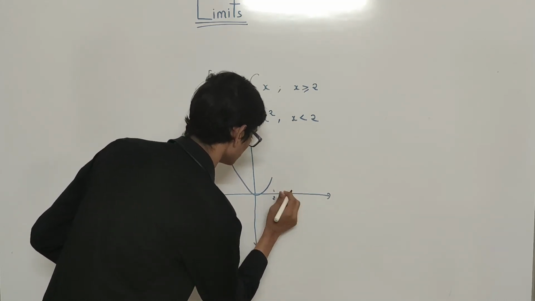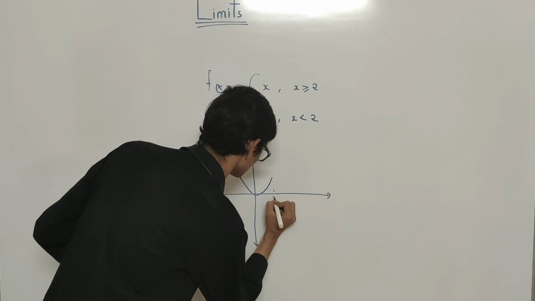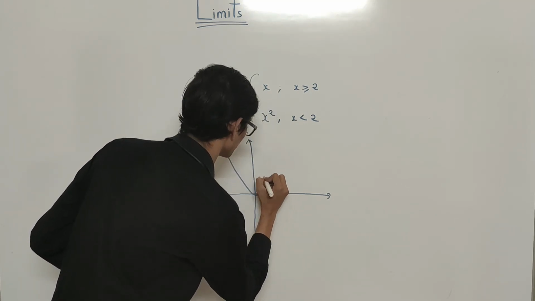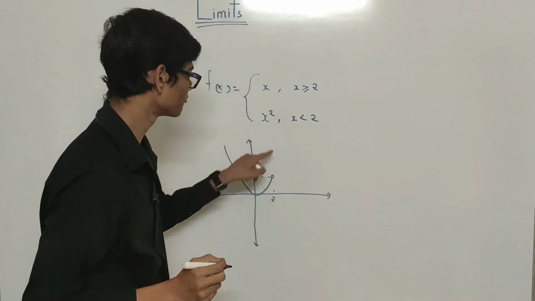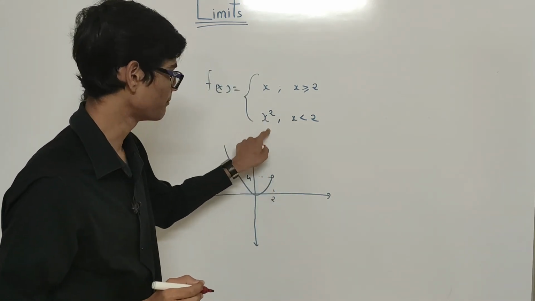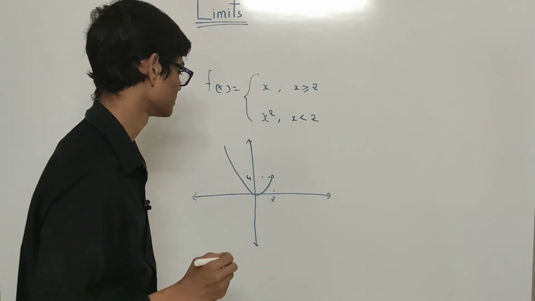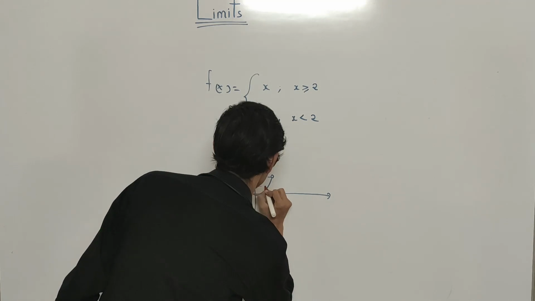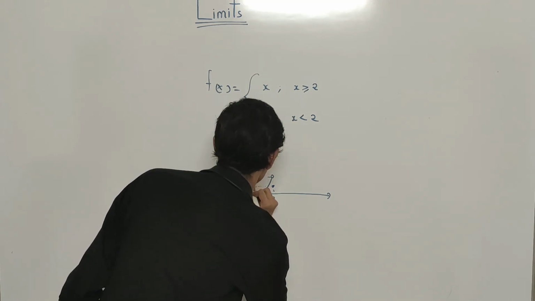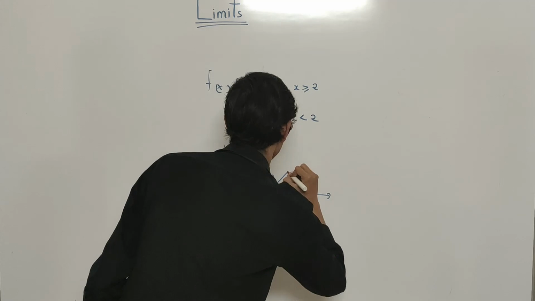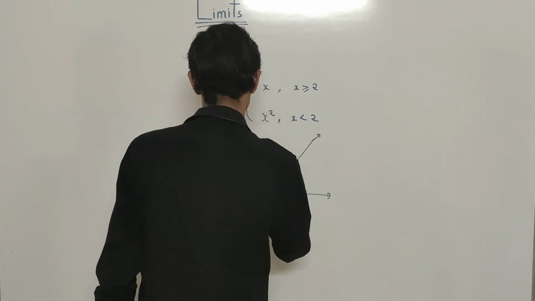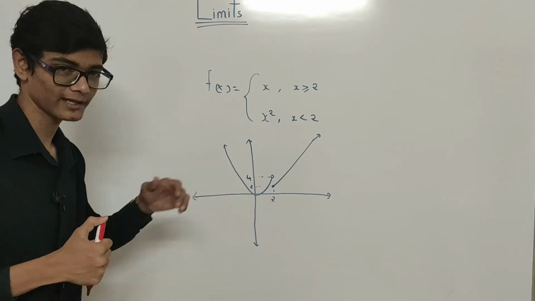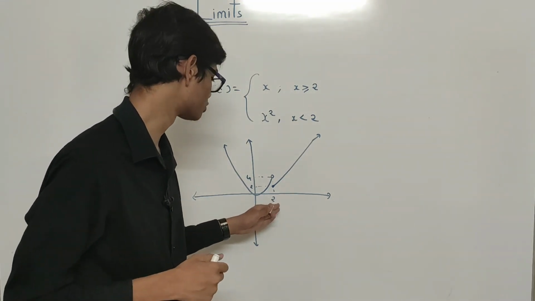This is 2, and there is a hole here, because at x equal to 2 the function is not given by the parabola, it is given by x. So now the function starts from somewhere here, which is 2, and then it goes up.